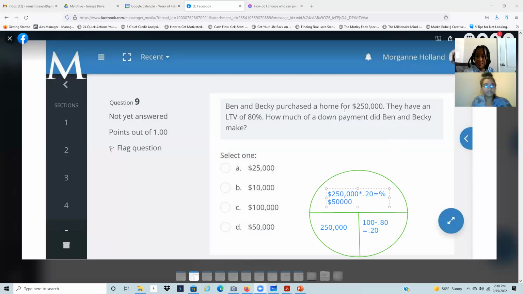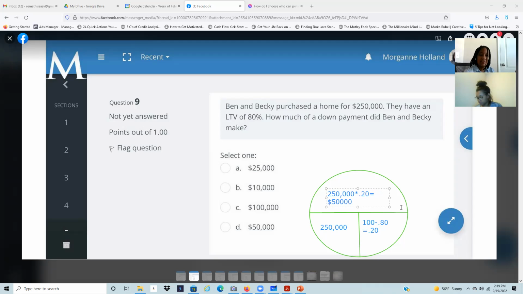You take the $250,000 and put it in the left part of the T graph, and then you take 100% minus 0.80, or 80%, to equal 20%. And then on the top of the T graph, you put 250,000 times 0.20, which is equal to 50,000.